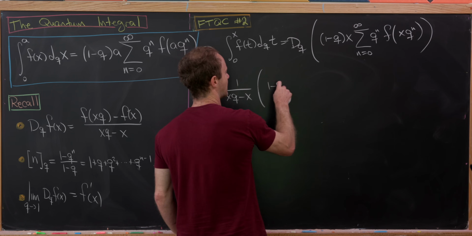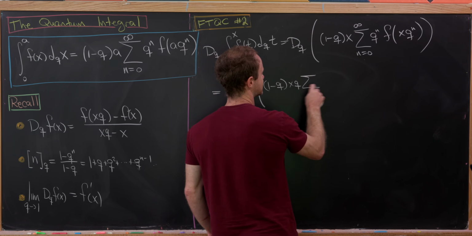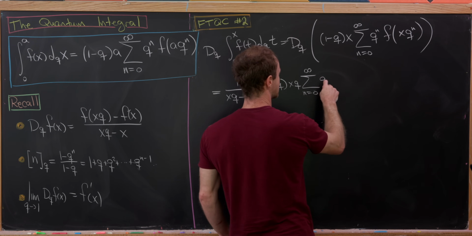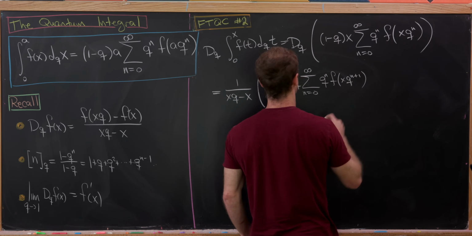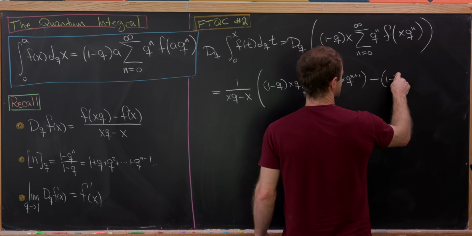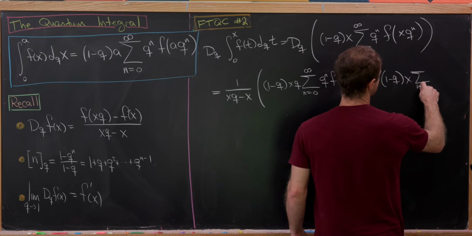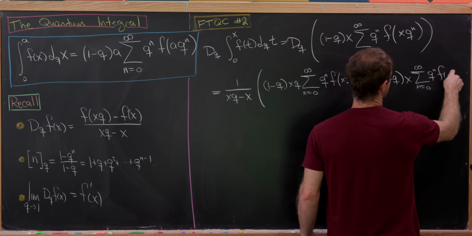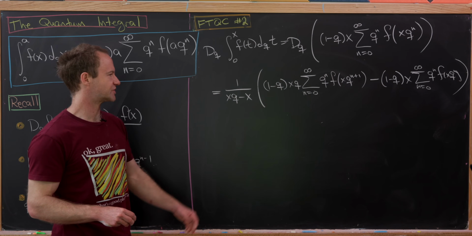So we'll have 1 minus q times xq, and then the sum as n goes from 0 to infinity of q to the n times f of x times q to the n plus 1. That's like this term right here. And then from that, we need to subtract 1 minus q, and then x, and then the sum as n goes from 0 to infinity of q to the n, f of x q to the n.